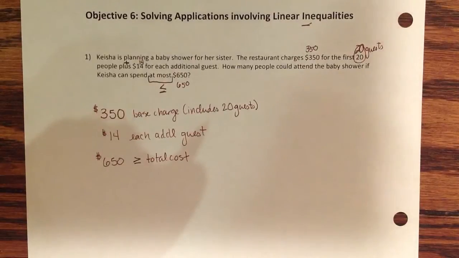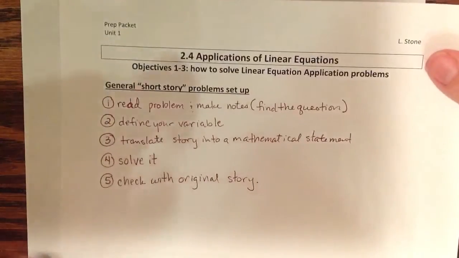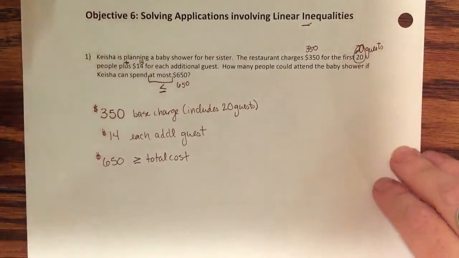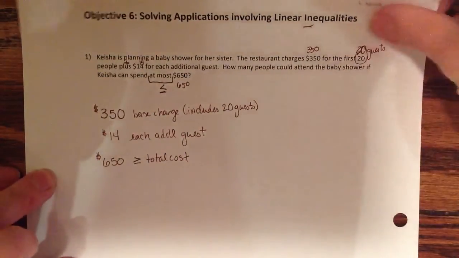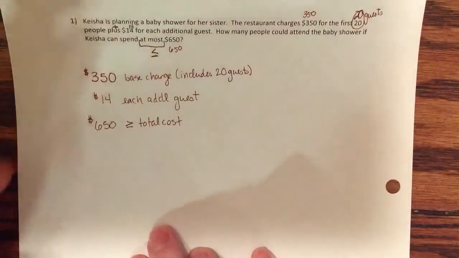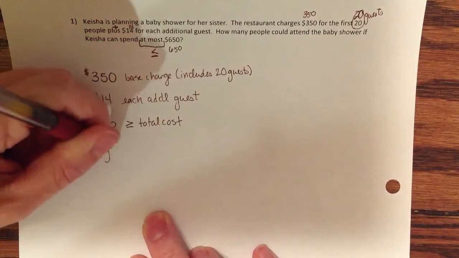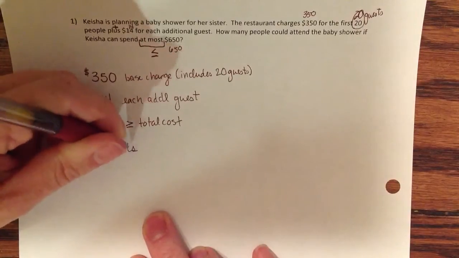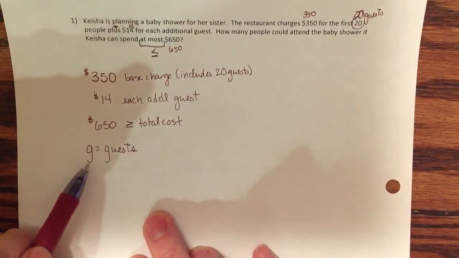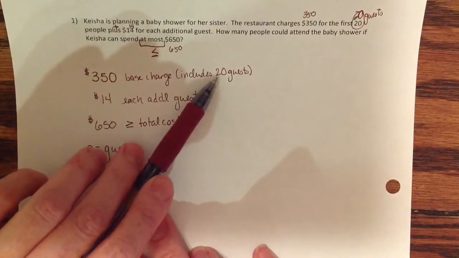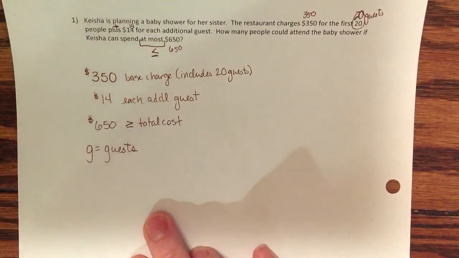So we've read through the problem, we've made some notes. Now we need to define a variable. I'm going to choose the variable G to stand for guests. And I know that included in this number of guests, I get 20 of them for the base rate.